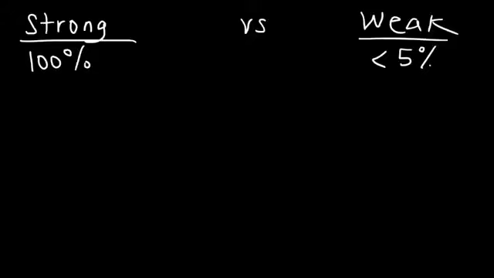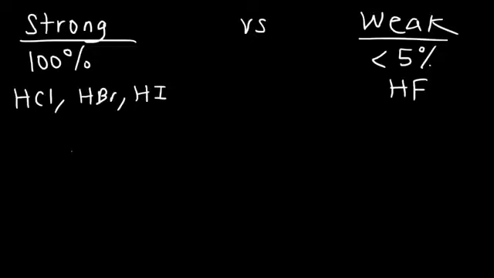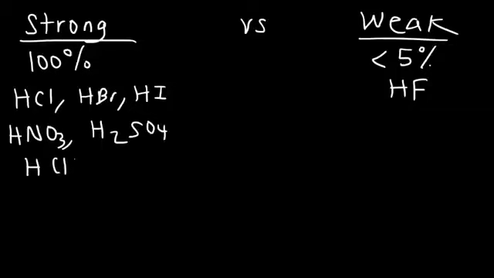So you need to know the 6 most common strong acids, and these are HCl, HBr, HI. HF is a weak acid. The others are nitric acid, HNO3, sulfuric acid, H2SO4, and perchloric acid, HClO4. Those are the most common strong acids that you'll see in a typical general chemistry course.